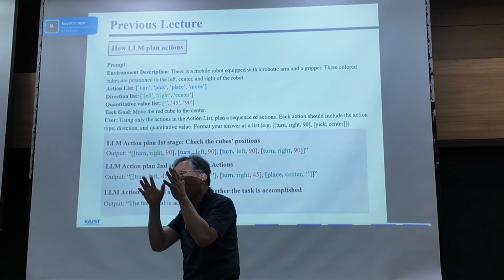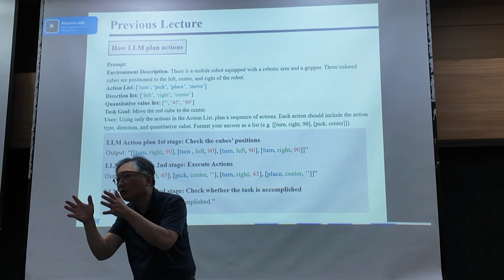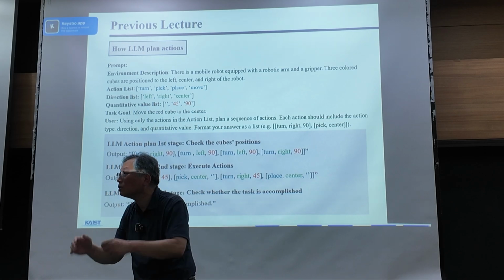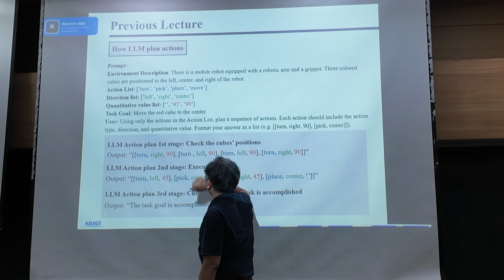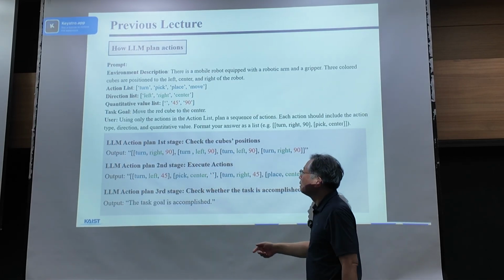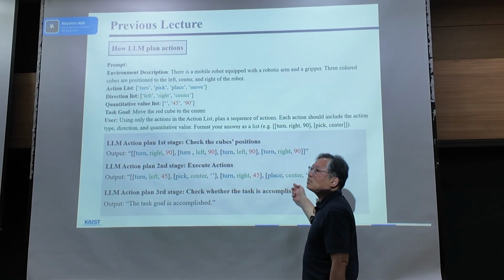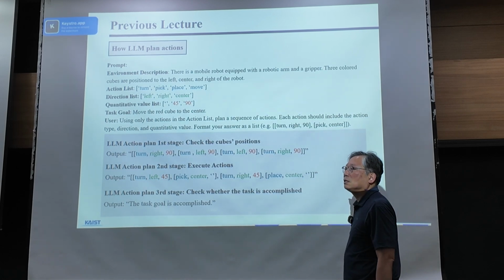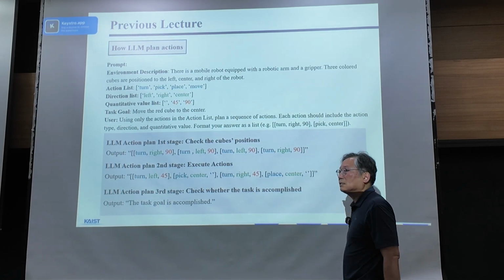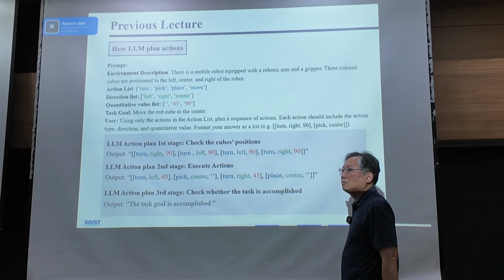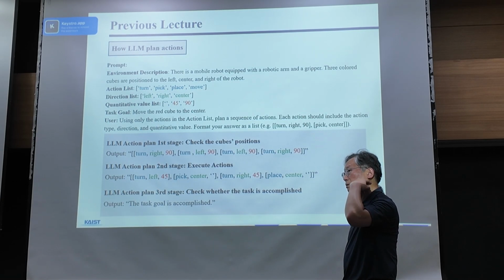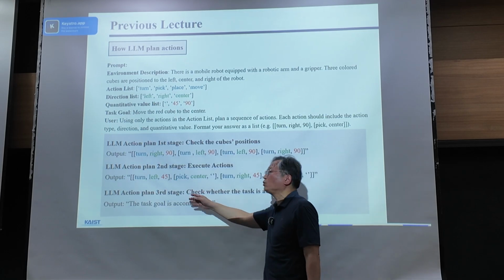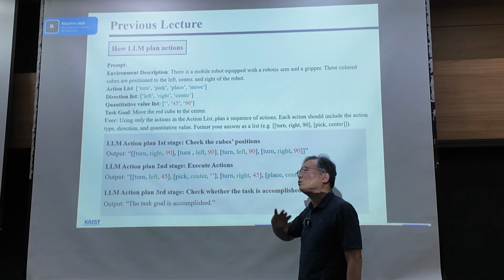It's looking at the image, it has this prompt, and it's going to give you the list of action groups to perform that task. You understand what I'm saying? Gemini is going to produce a sequence of action groups.